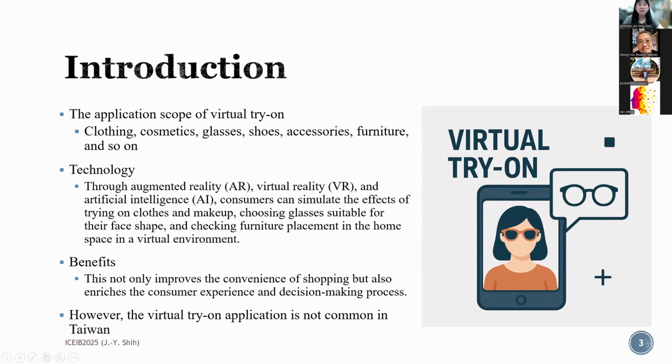Through this technology, consumers can simulate the effects of trying on clothes and makeup, choosing glasses suitable for their face shape, and checking furniture placement and the home space in a virtual environment. So it has many benefits.